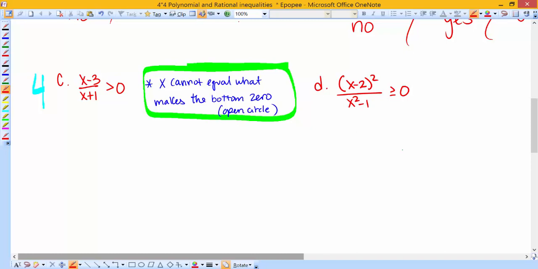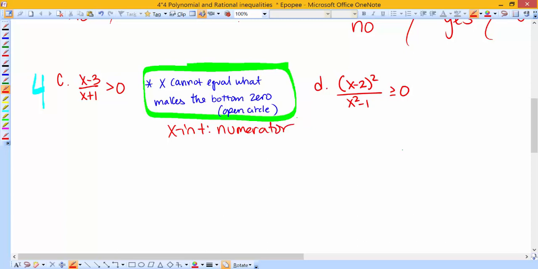Now we're going to move on to the rational functions. And I'm only going to work out C and D. That's all I'm going to do. I'm not going to bother with E. So when we are solving rational functions for x, one of the things you need to remember from the first part of this chapter was that your x-intercepts come from the numerator.